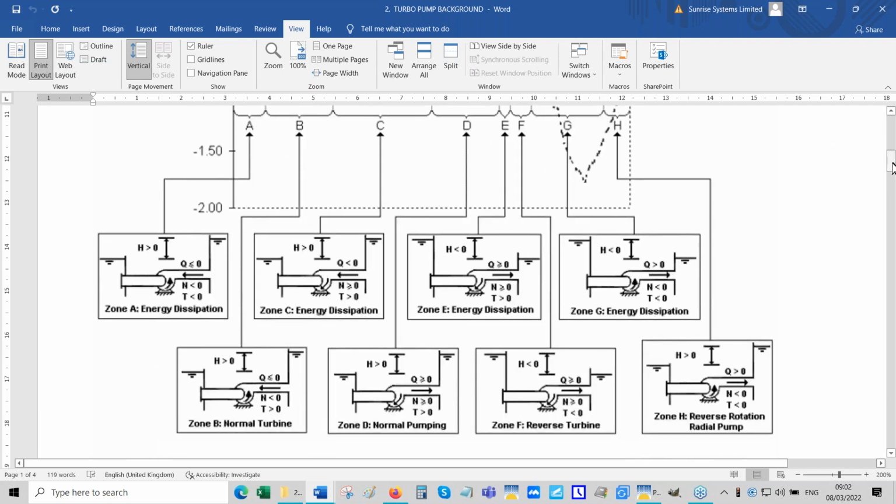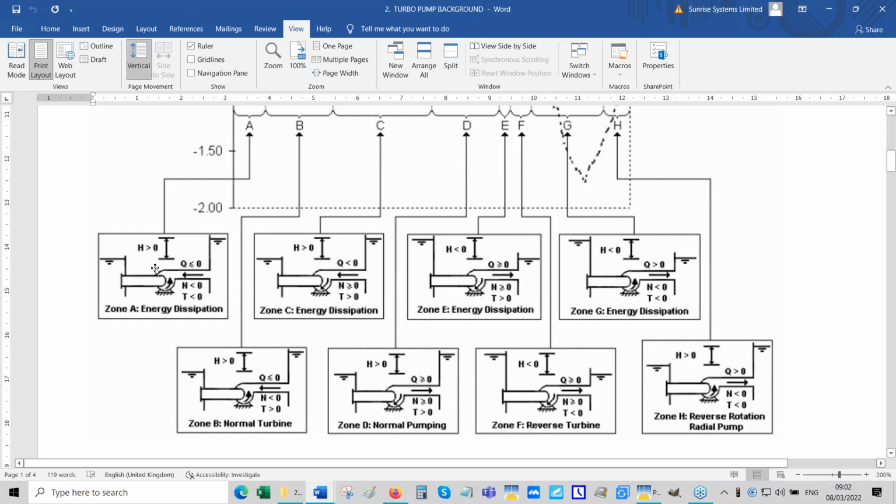So in this way, we can model all cases where there can be any combination. The flow rate can be positive or negative. The head can be positive or negative. The RPM can be positive or negative. And the same with the torque. They can all have any values.